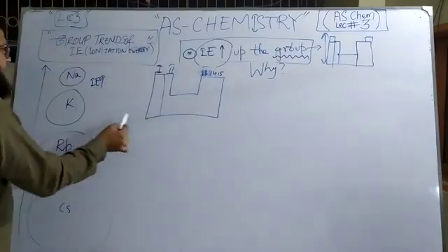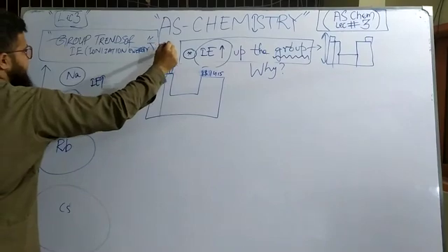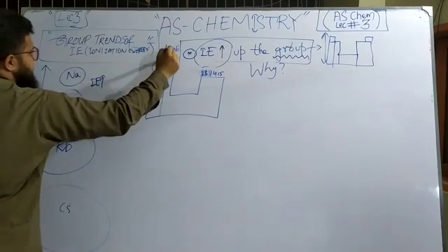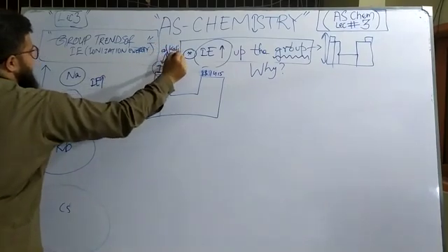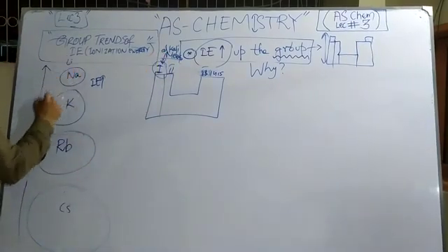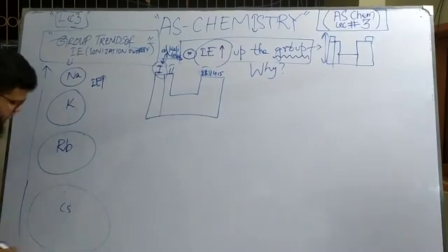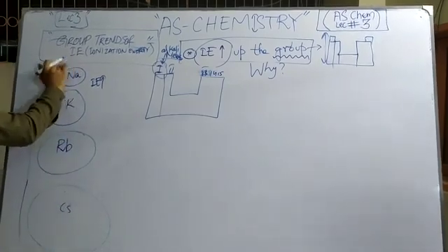Now, I'll choose the first group, which is the alkali metals group: sodium, potassium, rubidium, cesium, and there is lithium as well, and francium in the end. But I'm excluding both of them just for simplicity.